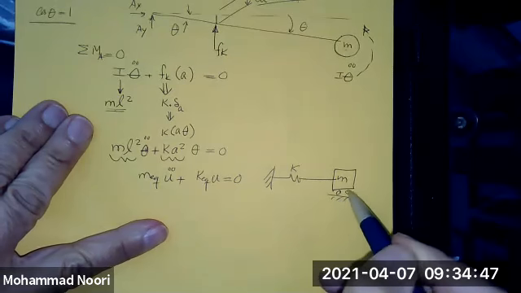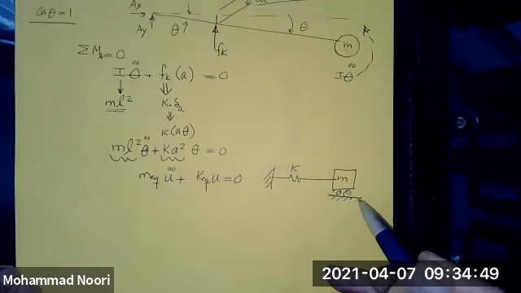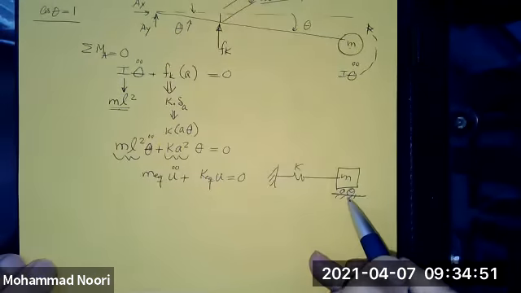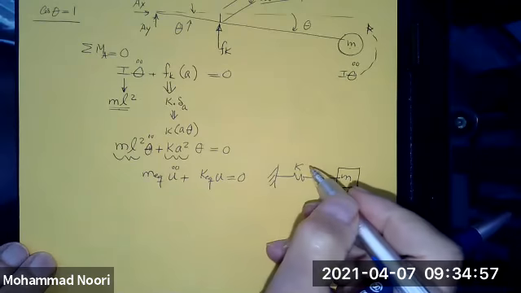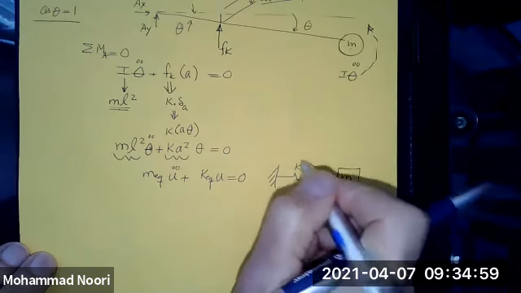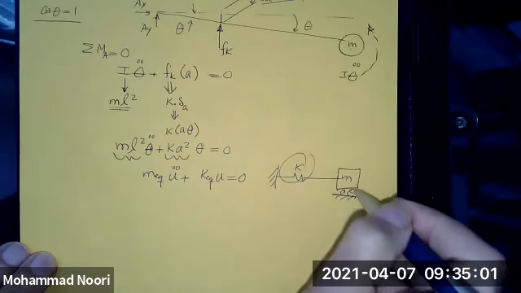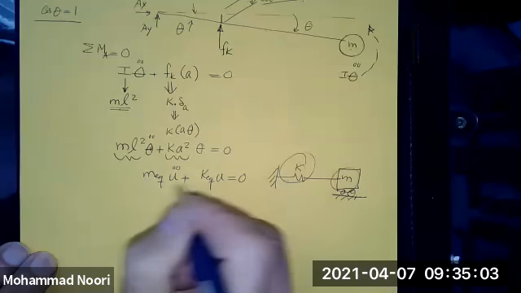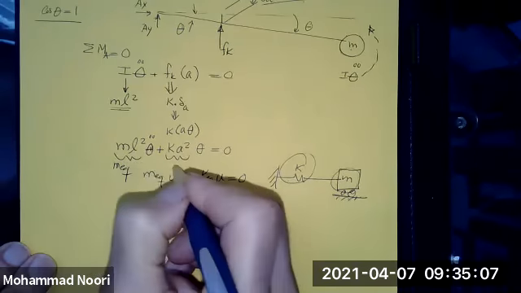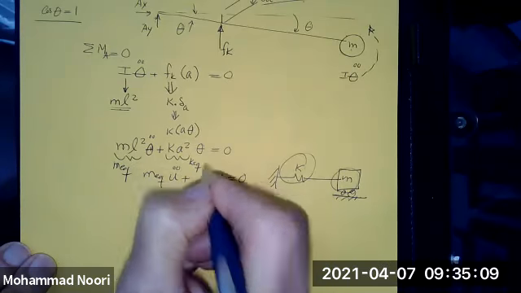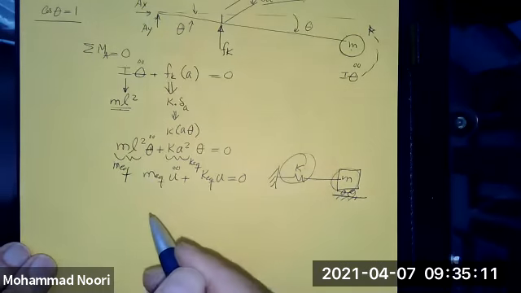So what I had claimed is true, that you can replace any structure with this single degree of freedom system. And of course, the most important part of that is what is K and M, which I call the K equivalent and mass equivalent. This is the mass equivalent. This is the K for this model, for this structure.